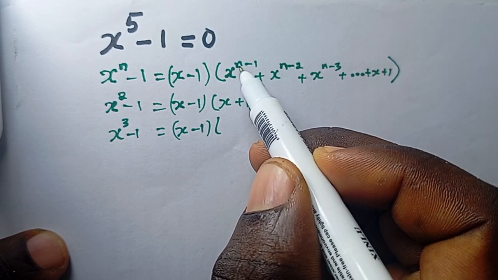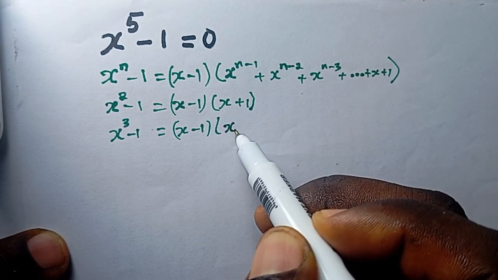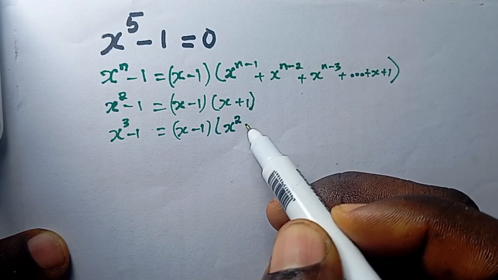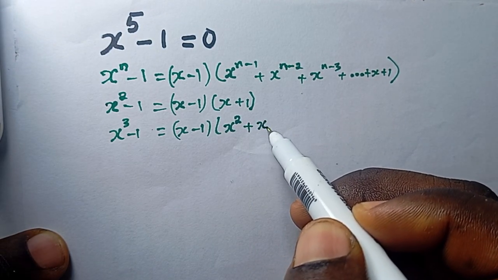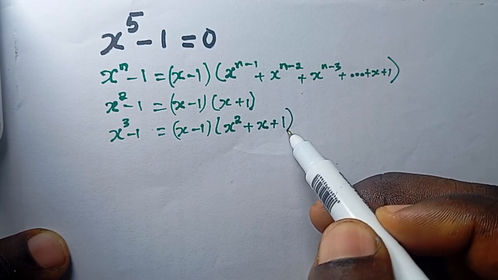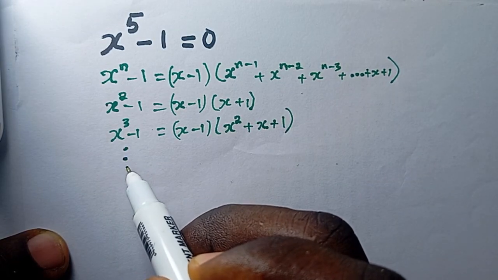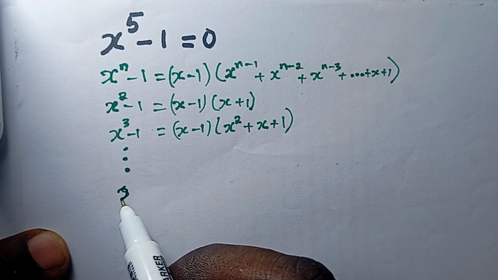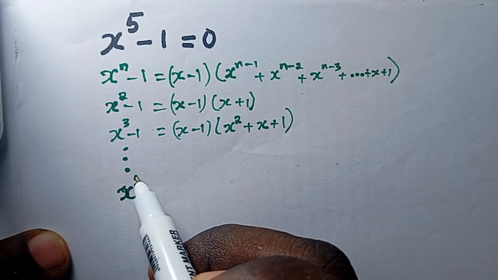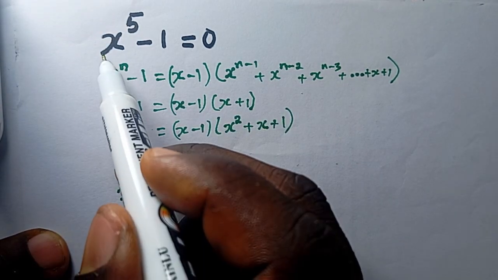And then when you put 3 here, this is 3 minus 1. So this will be x power 2 plus, we put 3 here, 3 minus 2, which is x, and then of course 1. So when you continue this way, when your n now becomes equal to 5, which is the case of what we have right here.